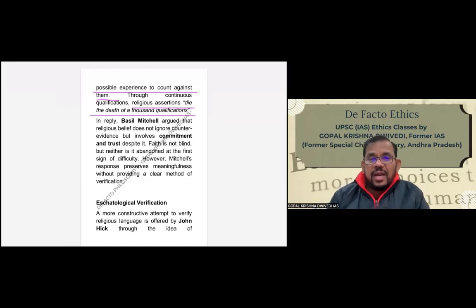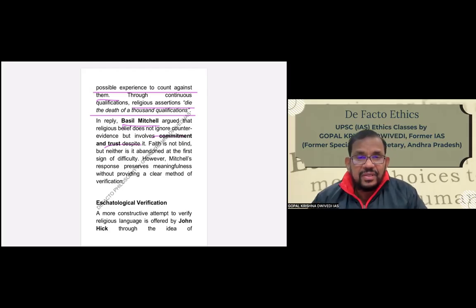But another contemporary philosopher, Mitchell, argued in reply that religious beliefs do not ignore counter evidence but involve commitment and trust. Faith, in his opinion, is not blind, but neither is it abandoned at the first sign of difficulty.